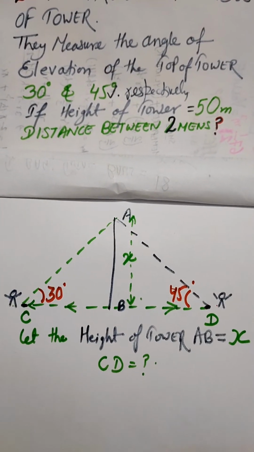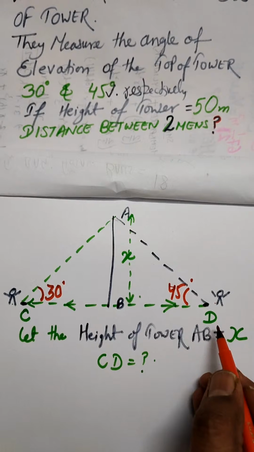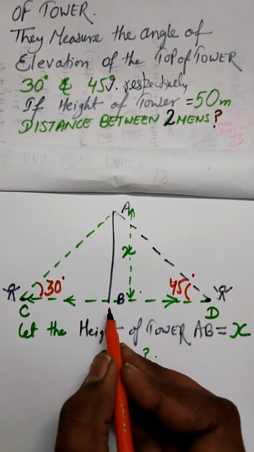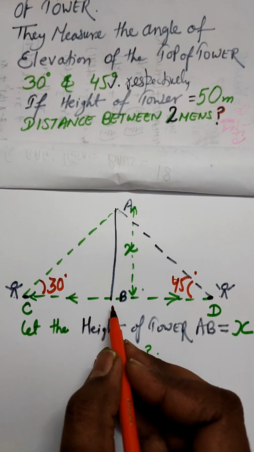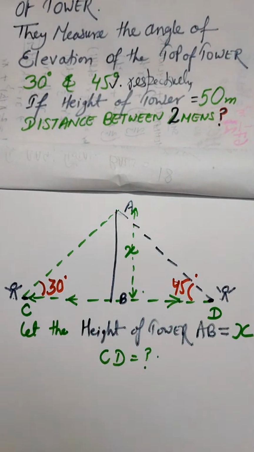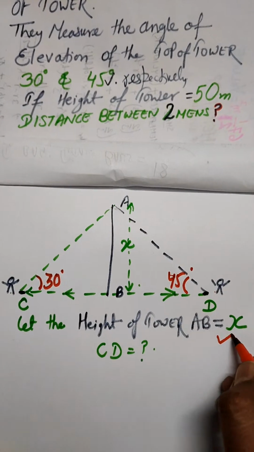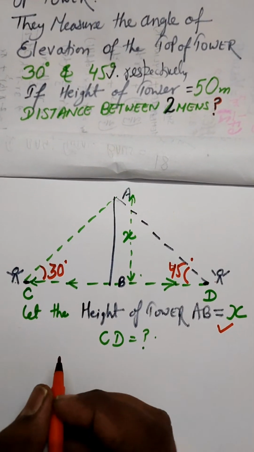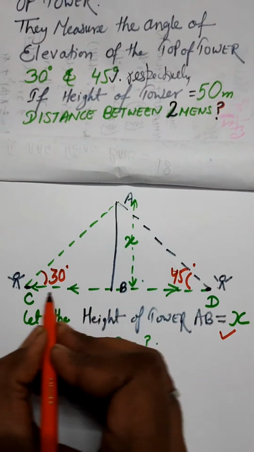Now we need to find the distance between CD. We use the trigonometrical ratios to find out the height of the tower, which we have to calculate, that is X. Now just take this triangle ABC.